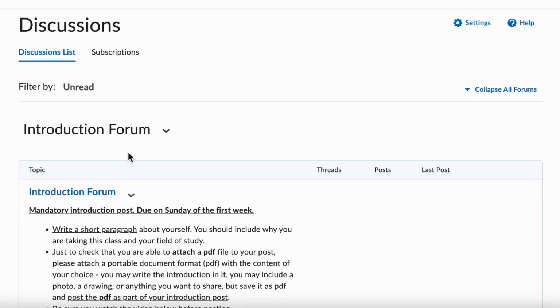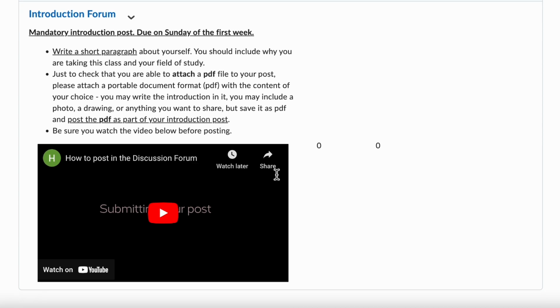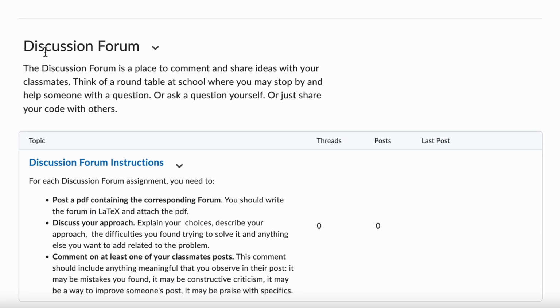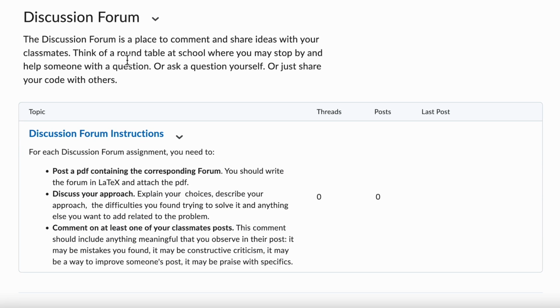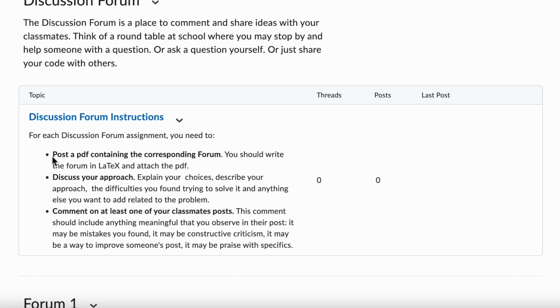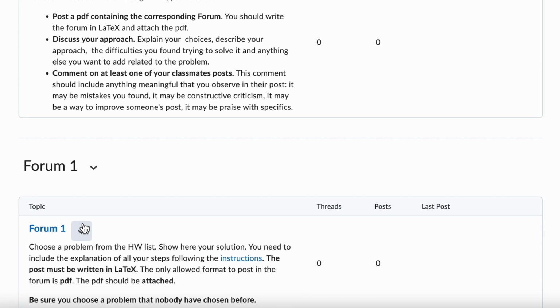First we see the introduction forum that we already visited before. This is where the introduction, the first week of class, should be. Then we have the discussion forum. Here is where you are going to post the forum every week. These are the instructions that we mentioned before that you have to follow.